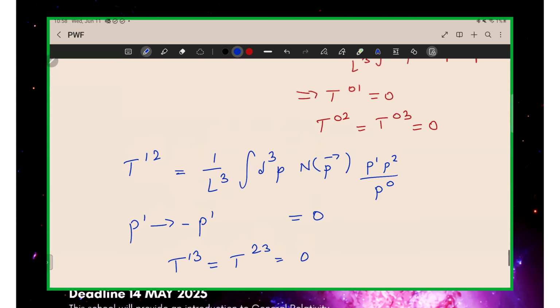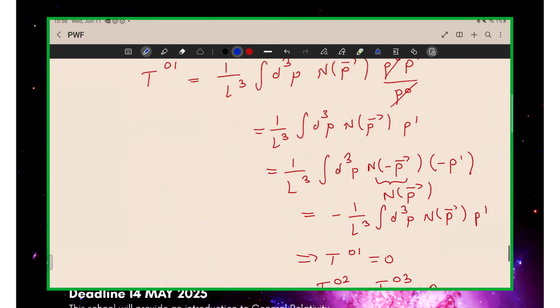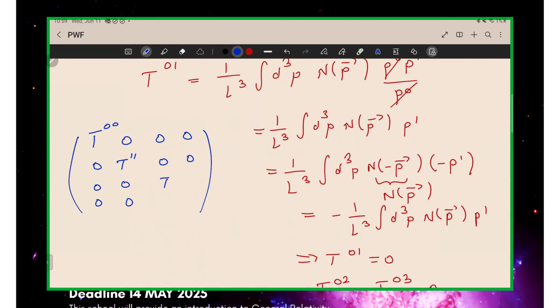So you can see why this thing is diagonal. If you write the stress tensor down like this, you have shown that these off-diagonal entries are 0. These we don't know, but these are 0. Now we have shown that the stress tensor has to be diagonal.